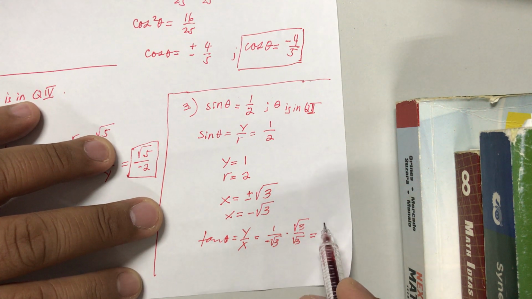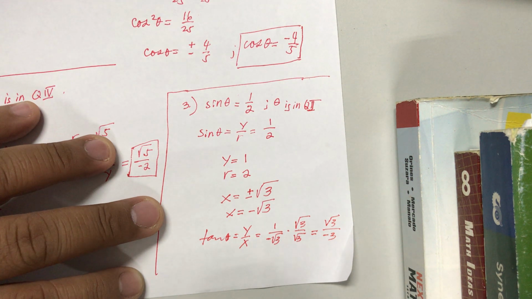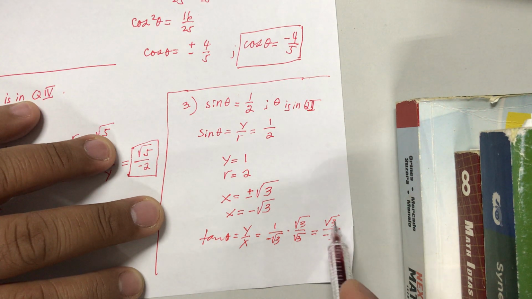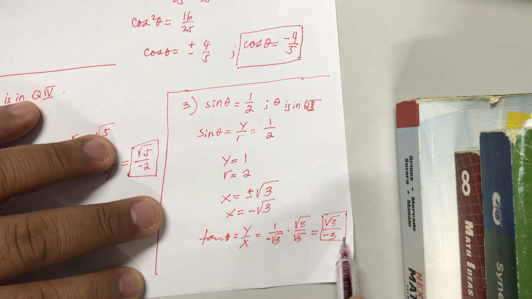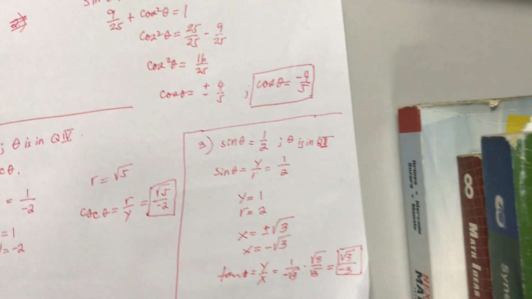So the answer is square root of 3 over negative 3, since you have negative square root of 9, so it's negative 3. So tangent theta is square root of 3 over negative 3. This is the answer. Okay. More.